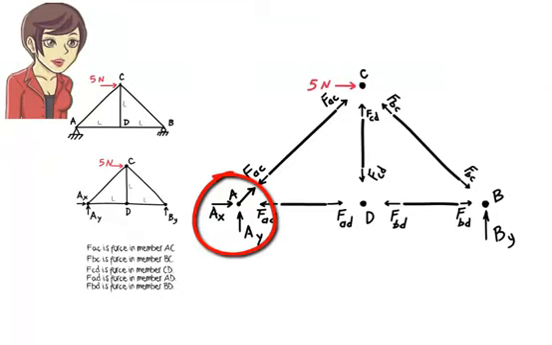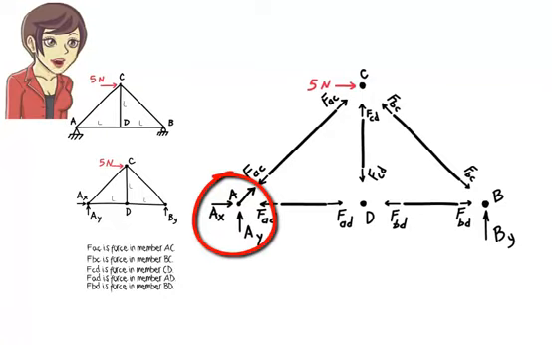Note that the direction of FAC at the joint is opposite to the direction of the same force shown on the member. This is the case because the two forces must cancel each other out. That is, if we reconnect member AC to joint A, the sum of the internal forces must vanish.